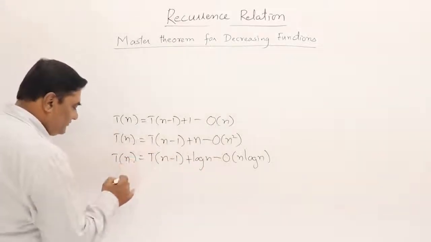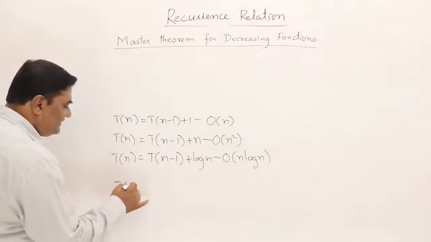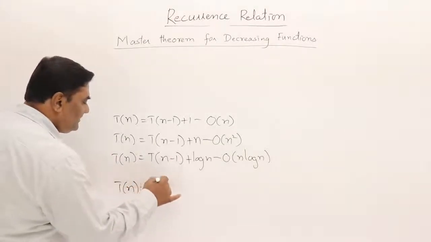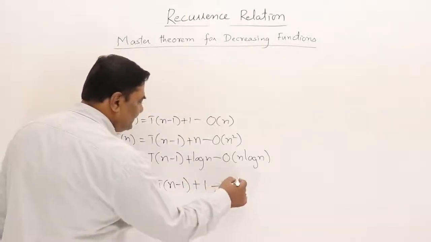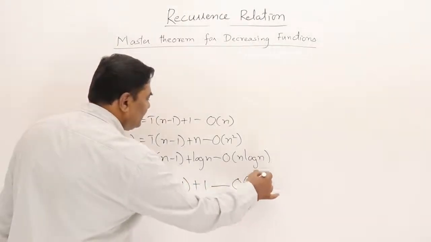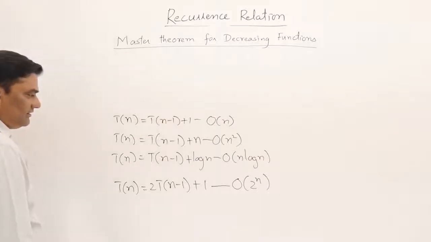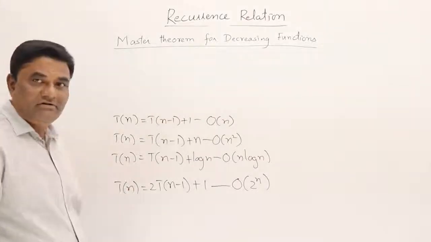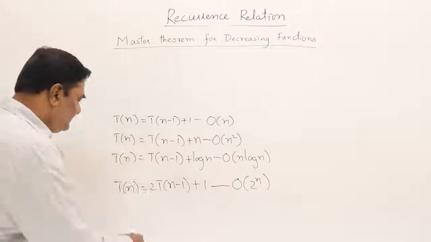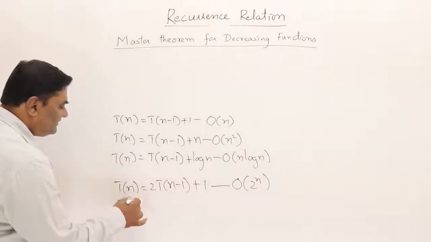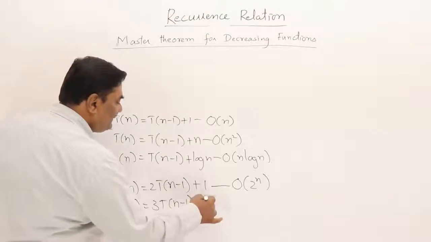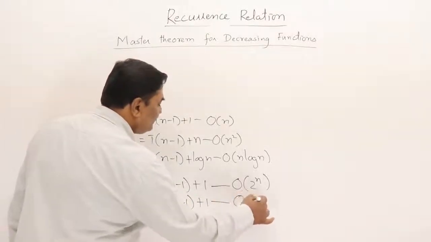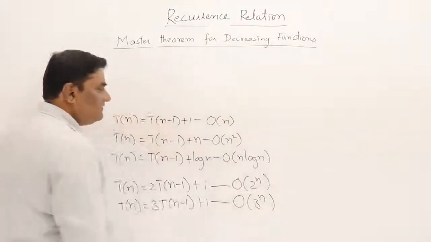Then also we have seen this one, T(n) = 2T(n-1) + 1. We got the answer as 2 power n. We have seen this one. Then it means T(n) = 3T(n-1) + 1 will be order of 3 power n.